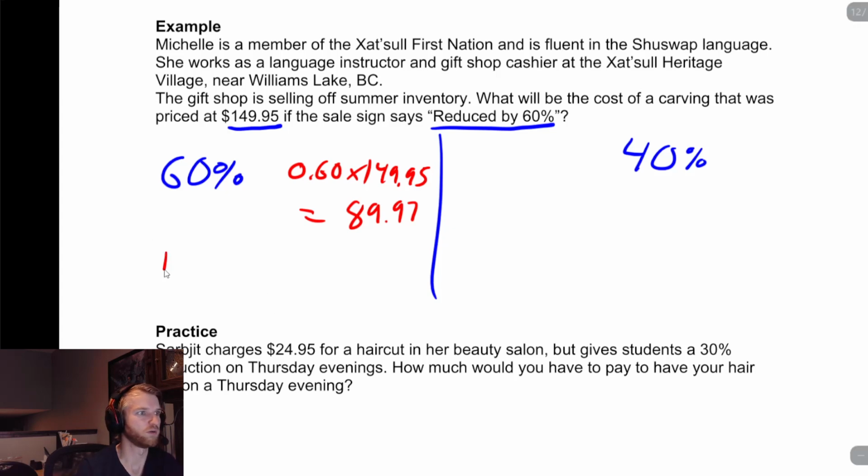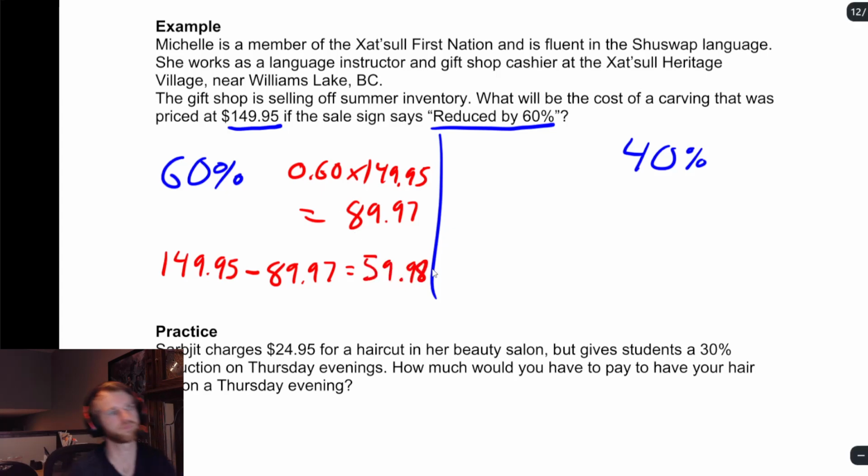So this is how much it originally cost, and we are subtracting 60% off. Subtract 89.97. Okay, so I got $59.98. That's how much we would actually pay in the end.